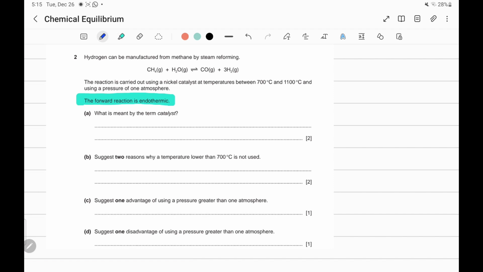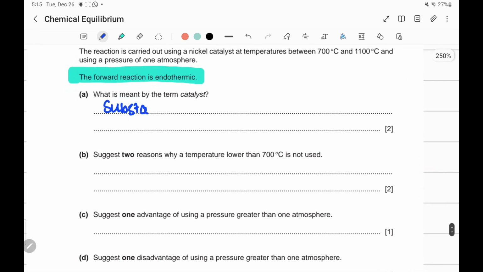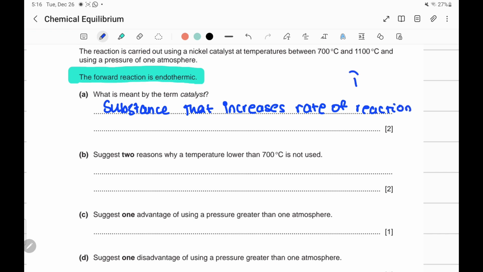Now, what is meant by the term catalyst? So a catalyst is a substance that increases the rate of reaction. If you say this, you will get 1 mark.